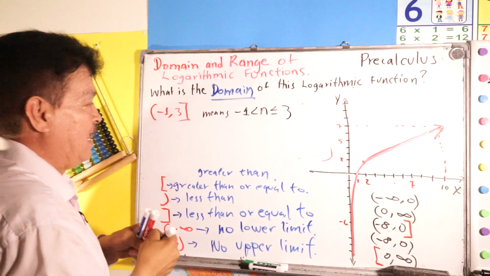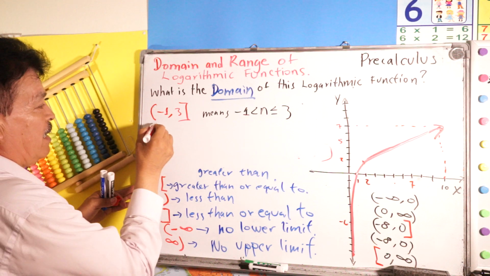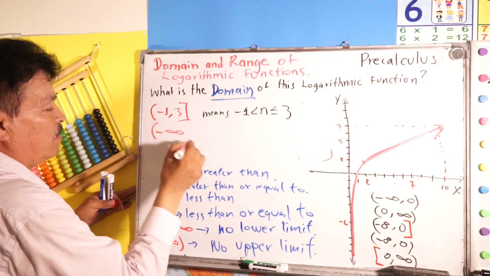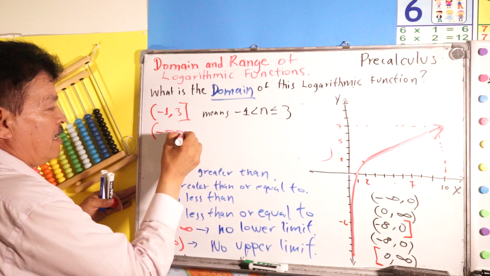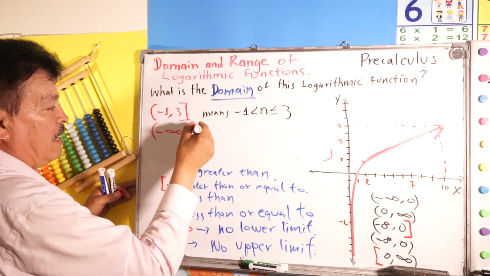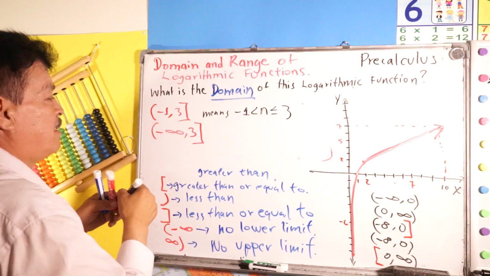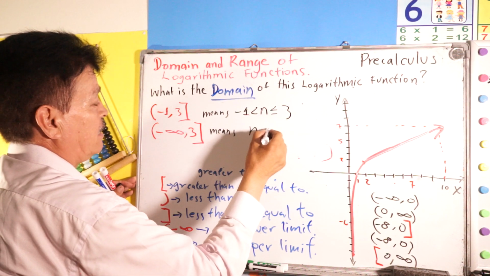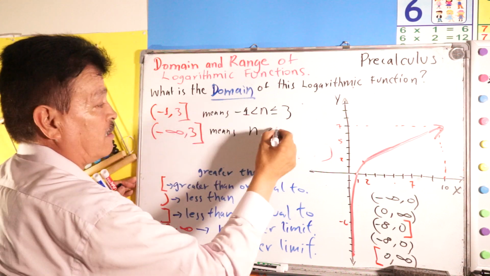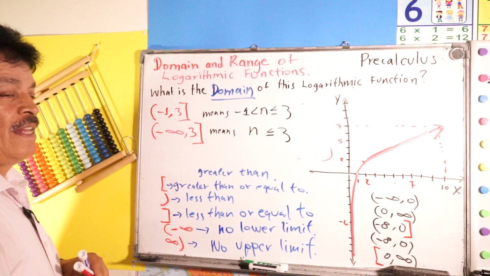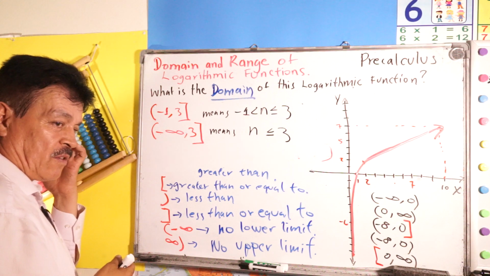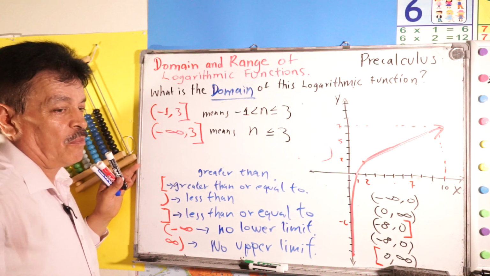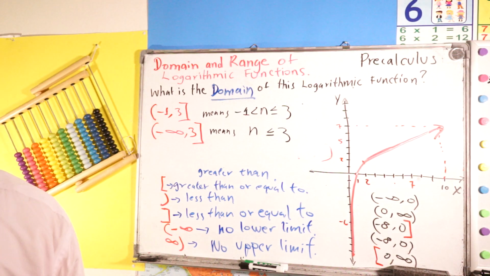That means, let me give another example here, because we have some numbers like that, okay, it's 3 in this way, but different. This means here n is less or equal than 3. See? Do you understand me? Okay. So now let's try to find the answer in our problem.